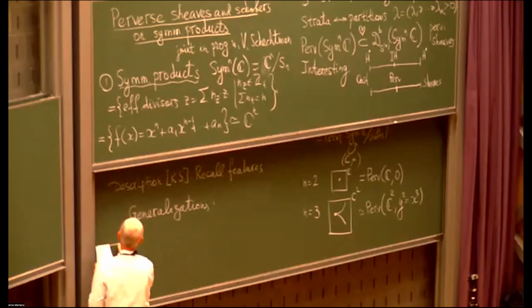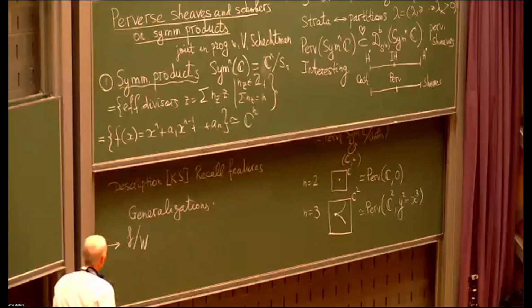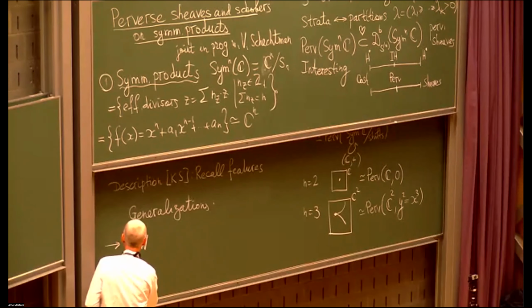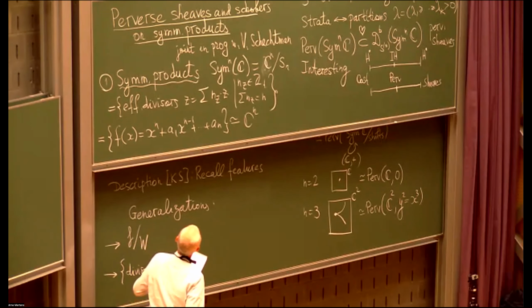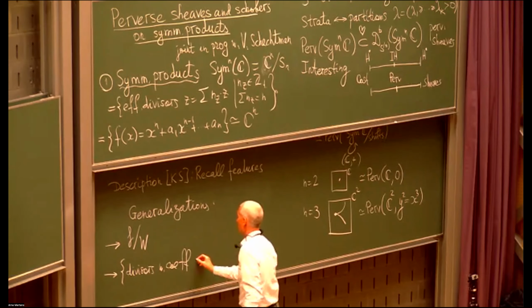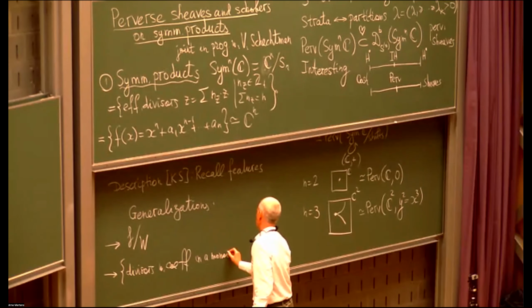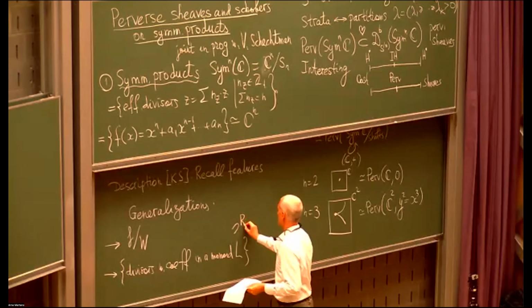One generalization is that instead of this, we can consider the quotient of a Cartan subalgebra by the Weyl group of a reductive Lie algebra. The other is that divisors have coefficients, here in Z plus, but in some more general monoid L. This includes the Ran spaces.